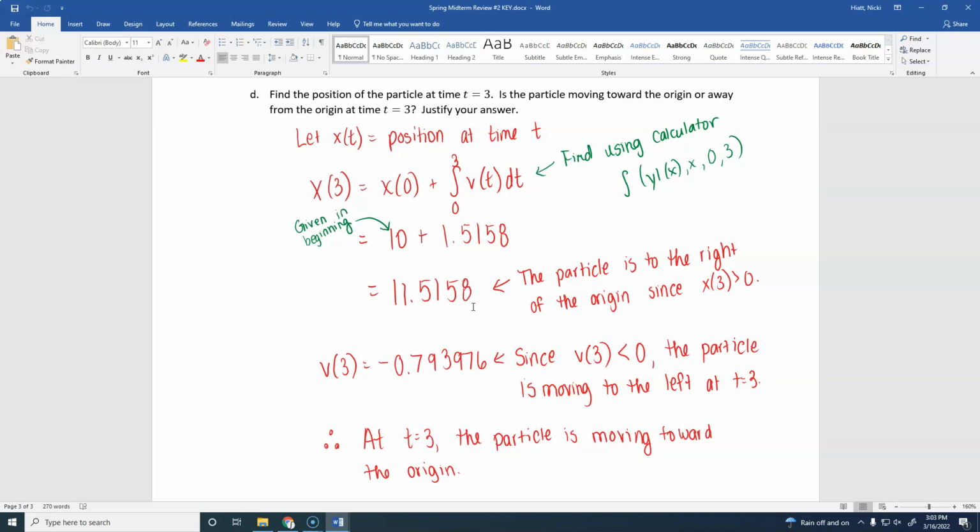On the free response, you probably would not have the calculator if it was a real FRQ, but I made up one that was too hard to do without the calculator because it crossed the x-axis at that weird point. So I just made it calculator active. But I would try to do most of it without the calculator.